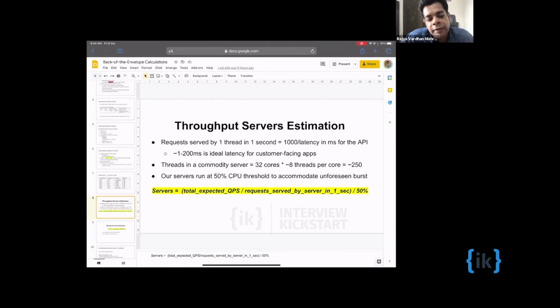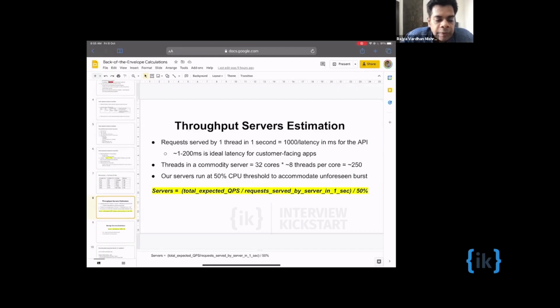In those cases, ideally 1 to 200 milliseconds is the ideal latency. Of course, 1 or 2 milliseconds are very difficult numbers to achieve. But after 200 milliseconds, the customers start noticing that the system is delayed. So that's why 200 milliseconds is the maximum number in case of customer facing apps.